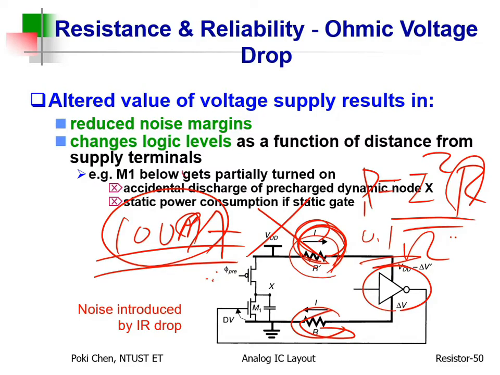Because the square of 100 times this one will cause you a big problem. So usually, you need to make it milliohms, quite small. Even if it is milliohms, the square of 100 still means that you need to consume around 10 watts.